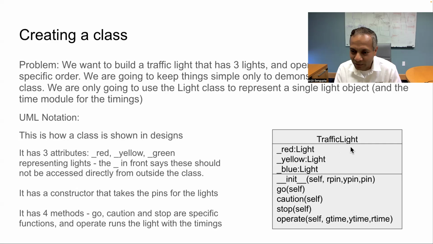At the top, you put the name of the object or the class, then in the first sub box you put all of your attributes or properties, and in the next sub box you put all your operations. So my traffic light has 3 lights inside, a red, yellow, and green, and the operations are go, caution, stop, operate, things like that. And then the underscore underscore init essentially represents how you initialize the class.